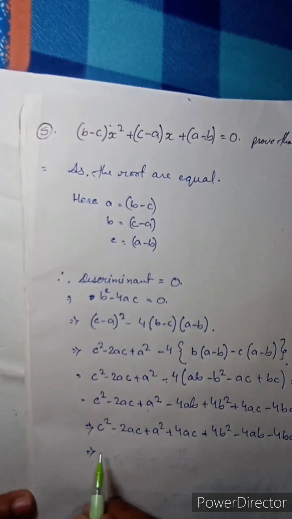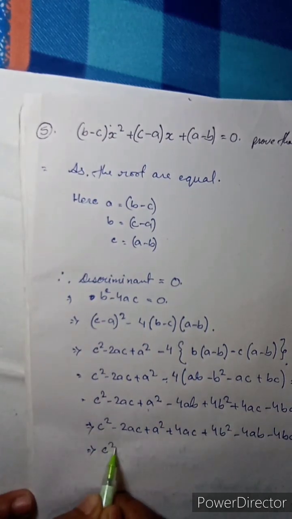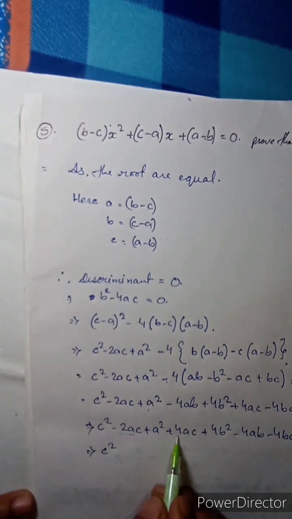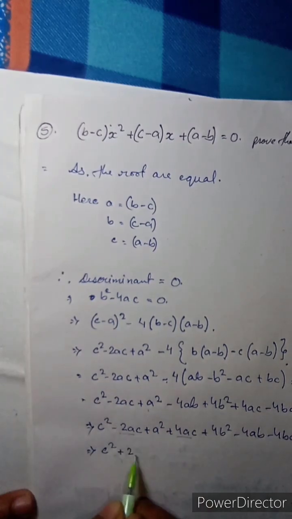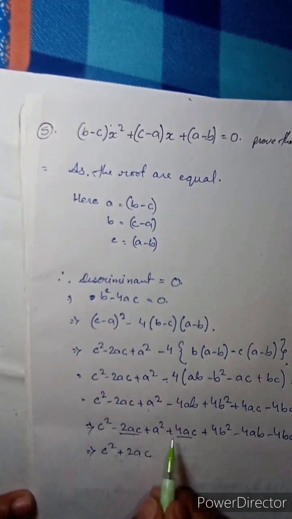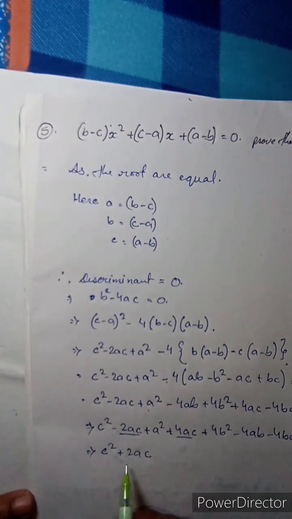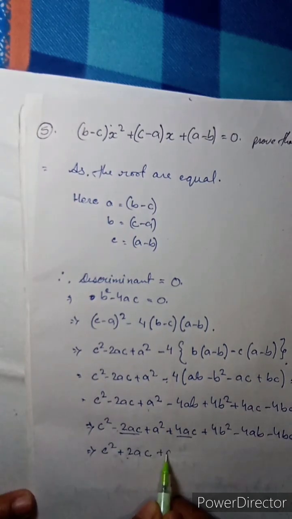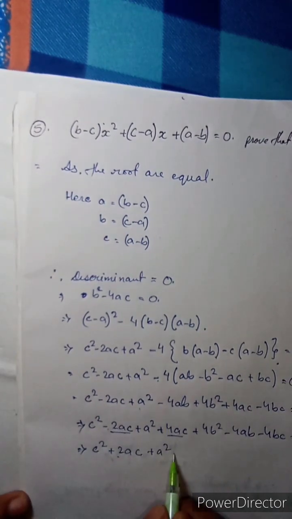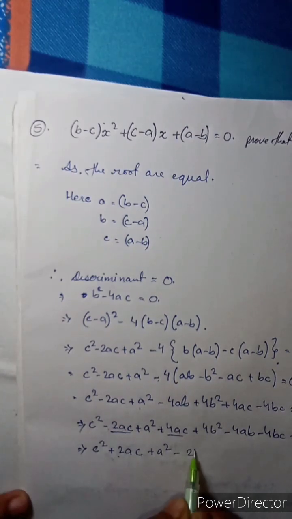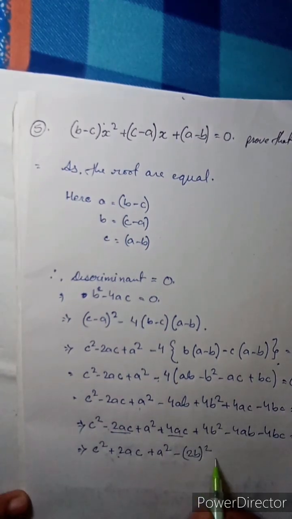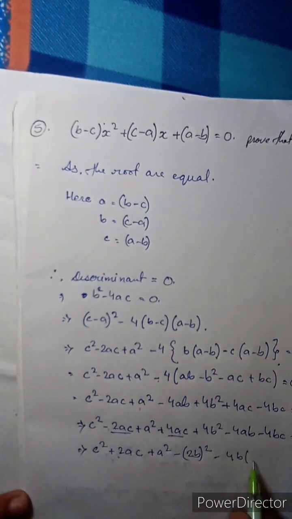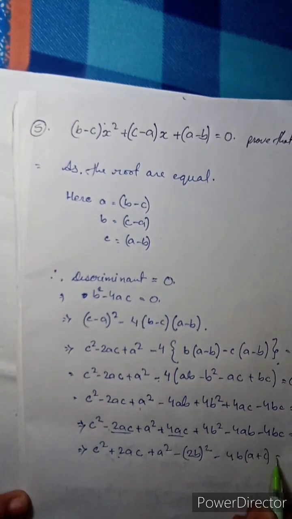After arranging this, c square, and here ac is there, then plus 2ac that I have cancelled, and minus 2ac and here is 4ac, so it comes plus 2ac because 4ac is greater, so a square plus c square. I can write the rest as 4b square, and minus 4b I can take common from here, and I'll write a plus c is equal to 0.